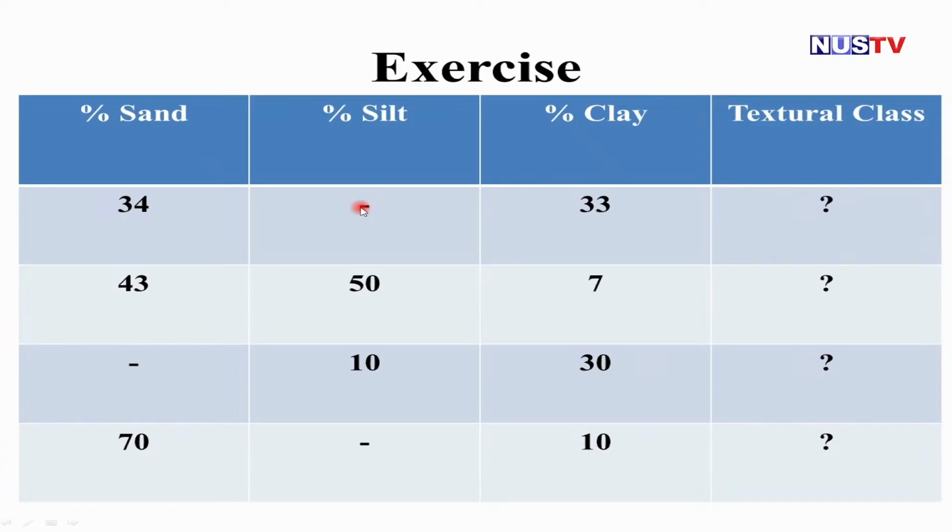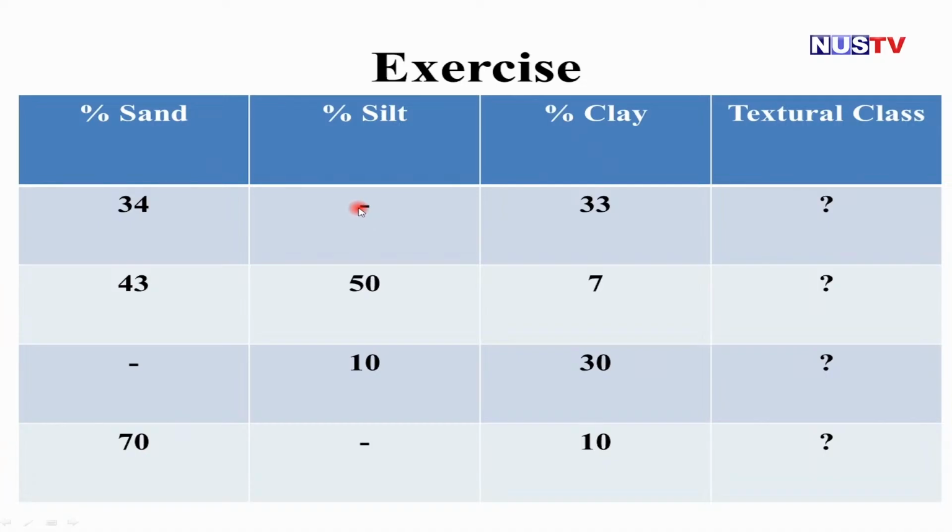And for you to use your texture triangle class, because I believe some of you do not have your texture triangle class with you. So when you find your texture triangle, use this table to calculate the texture class.